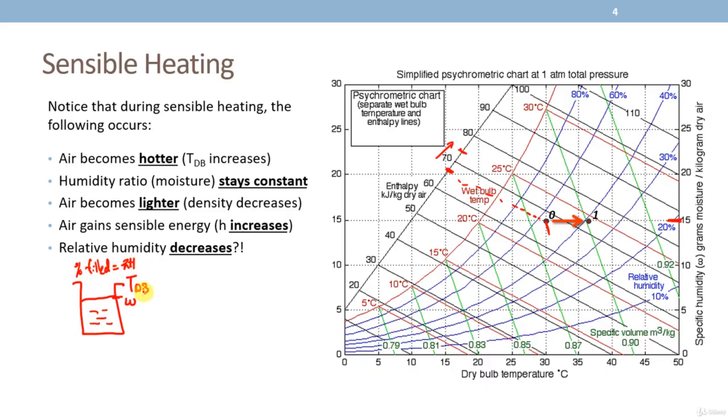So as we heat up the air, the container size becomes bigger. We upsize the container with the same amount of water inside. Now the percentage filled starts to drop. So that is why your relative humidity will decrease, because the capacity to hold water increases whenever you increase the dry bulb temperature.